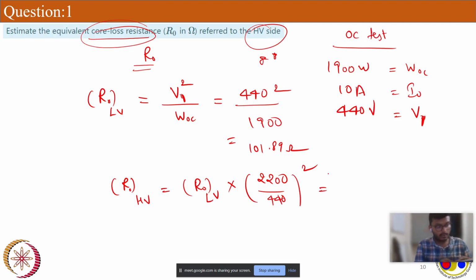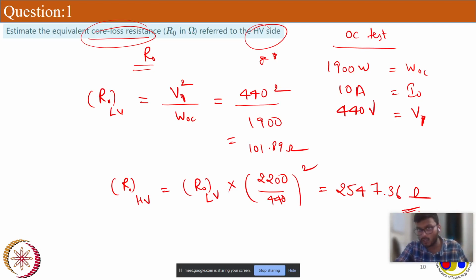How much is it? Yeah. So this is how we have to calculate the core loss.